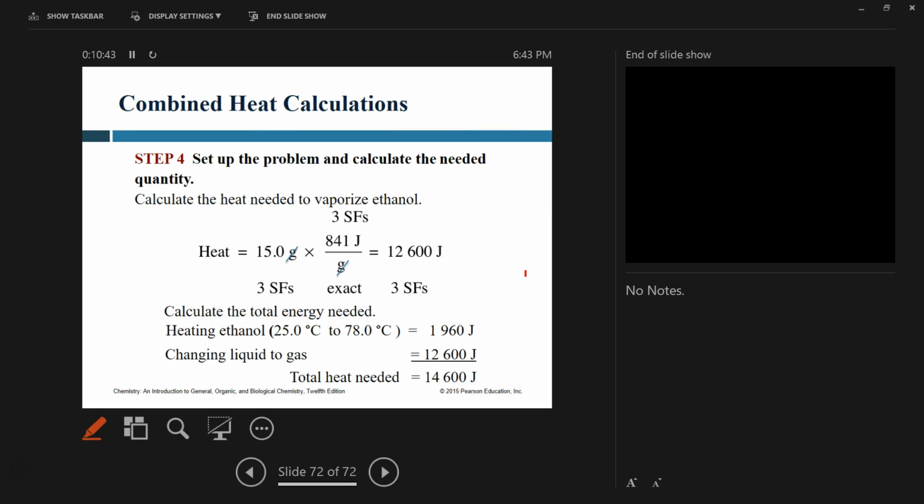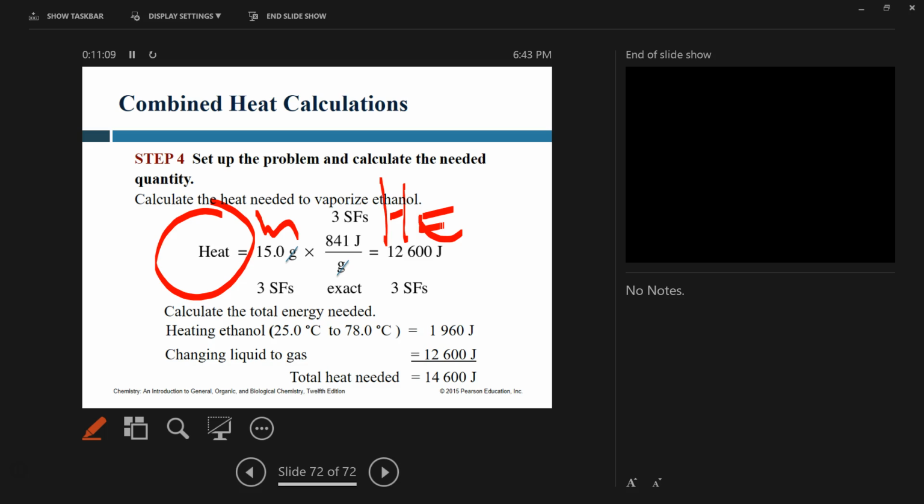Next one. You need to calculate how much heat you need to evaporate. In this case, the heat will be mass multiplied by the heat of evaporation. That makes sense? The mass is 15 grams.